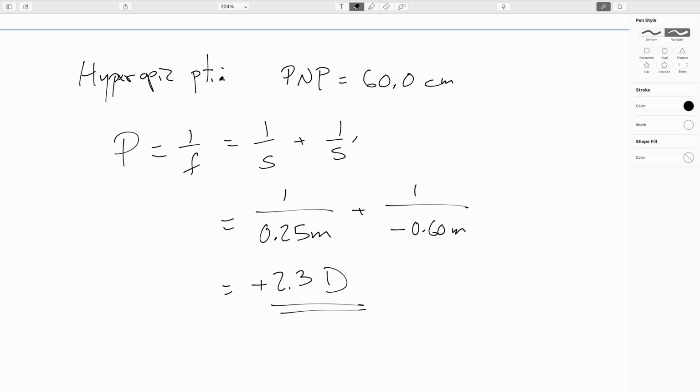What's happening with a patient with presbyopia is the lens in their eye is getting hard. And so this means the ciliary muscles can't do as good of a job flattening it out. So this will push out the patient's far point, but it's not because the shape of the eye changed.